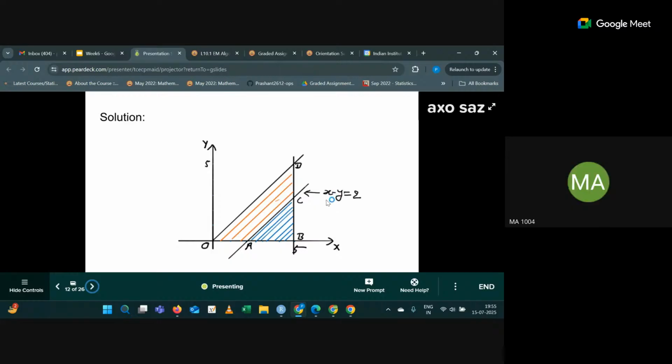Which area is the probability X minus Y less than 2? Orange or blue? Just think, X minus Y less than 2.